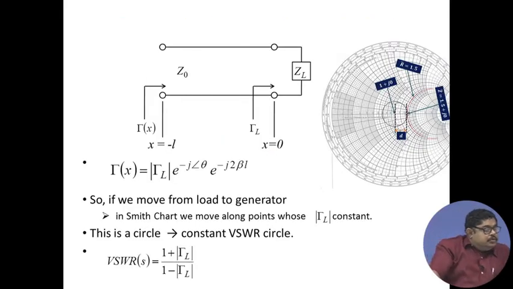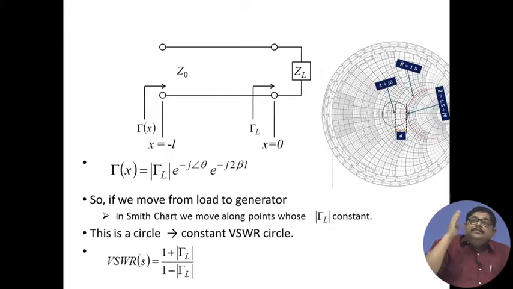Consider the line reflection coefficient gamma x. I have already said that you have connected a transmission line of characteristic impedance to a load of ZL.